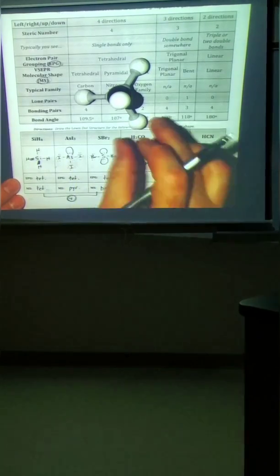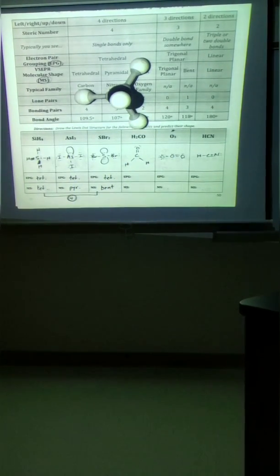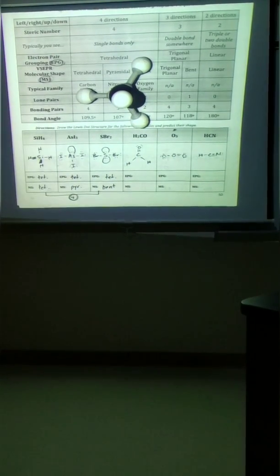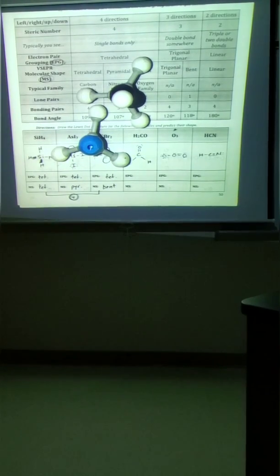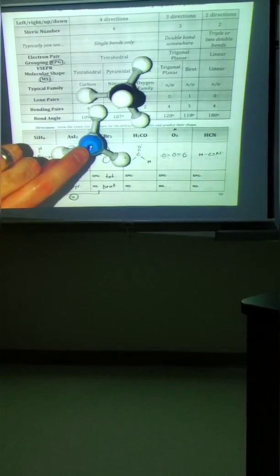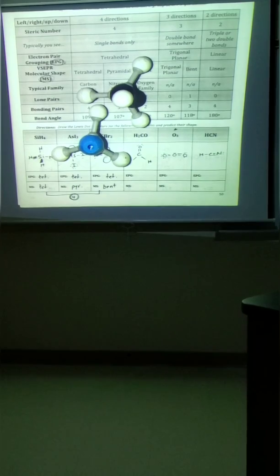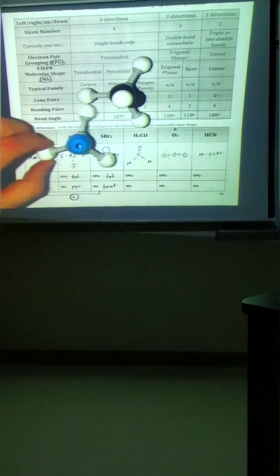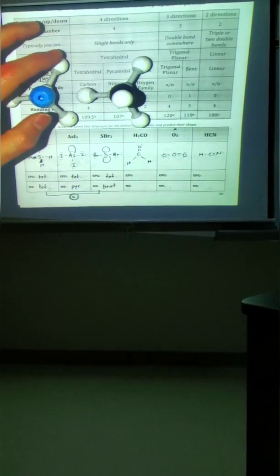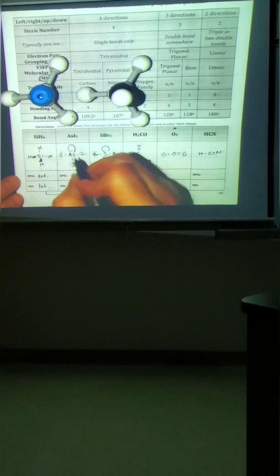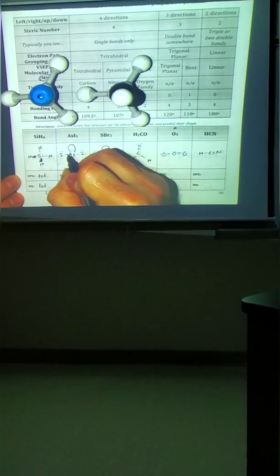So the same thing would be for our little arsenic triiodide molecule. Notice it looks very similar. This little hole is just representing the lone pair that we can't see, that we can't attach. And notice it too has a forward and a backwards, so it too is going to have a wedge and a dash.